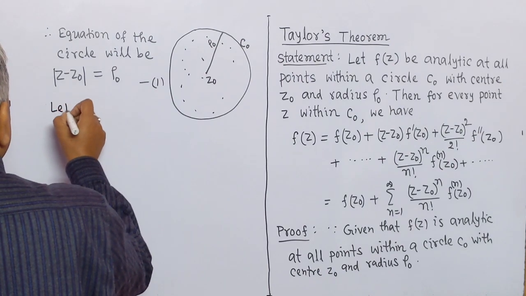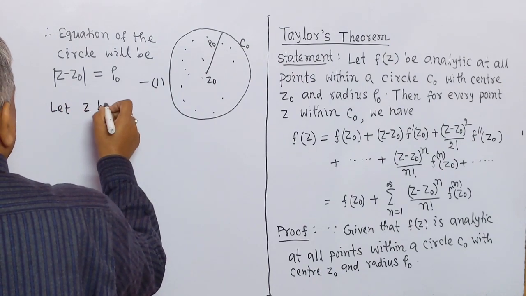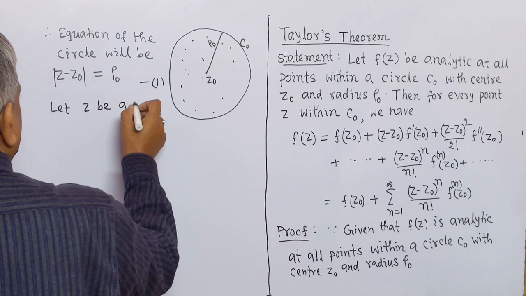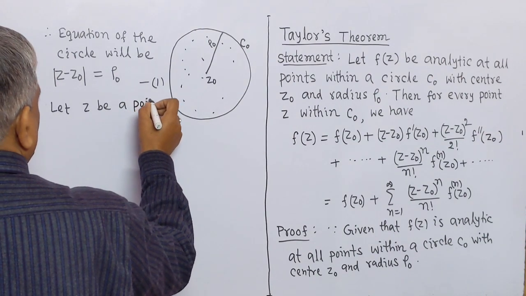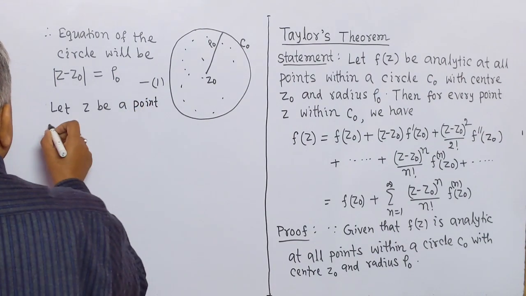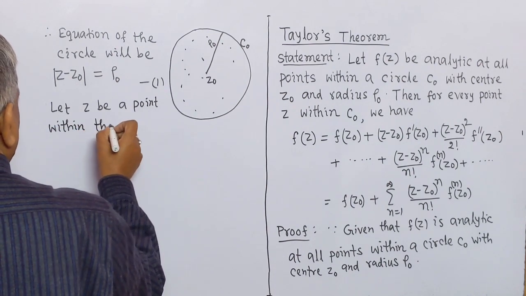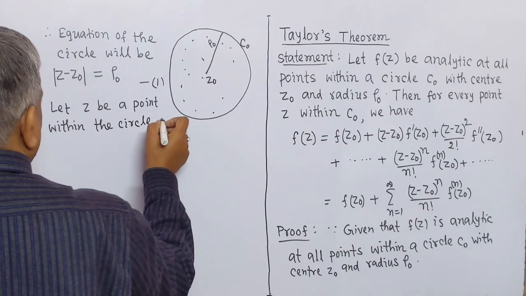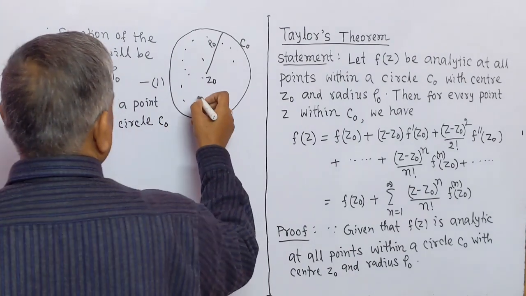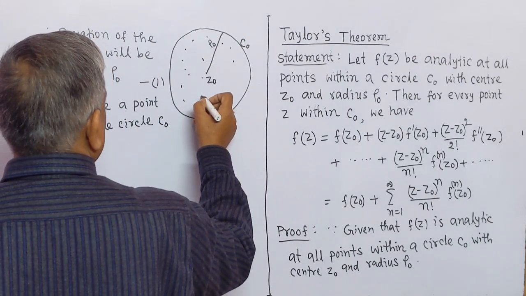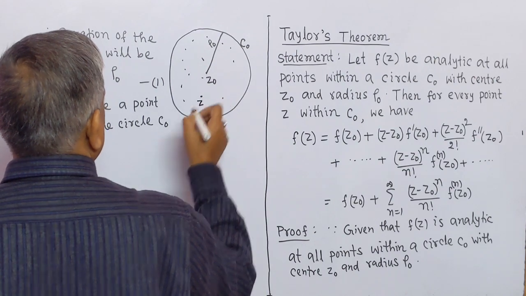Let z be a point within the circle C0. Let this be z.